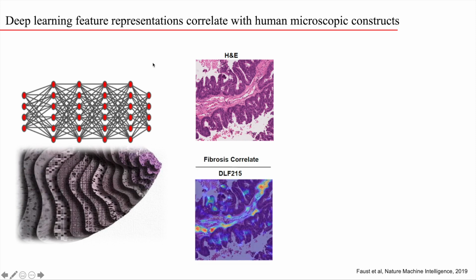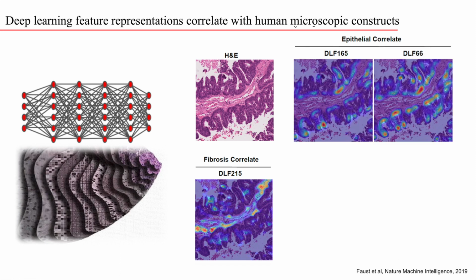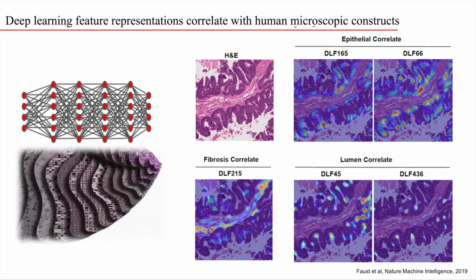So when we extract these features in this final layer, do they represent stuff that is comprehensible by humans? And you can see here this feature 215, in fact, labels the fibrotic component of this image. Other features label the epithelial component, so this papillary forming structure, which is the tumor. And then other features represent the luminal correlates.